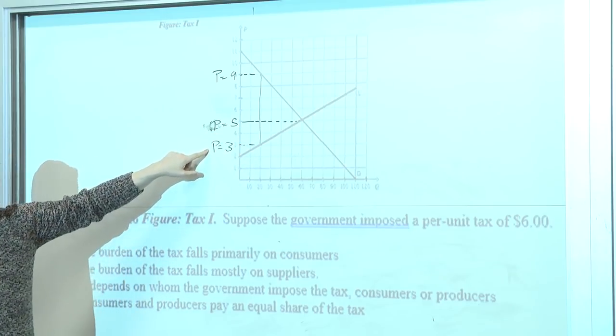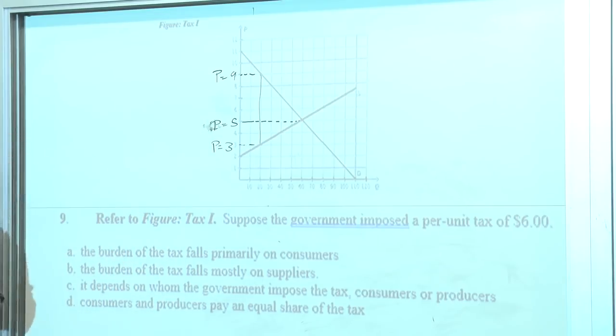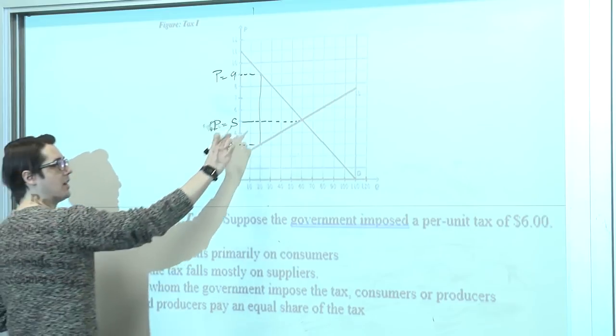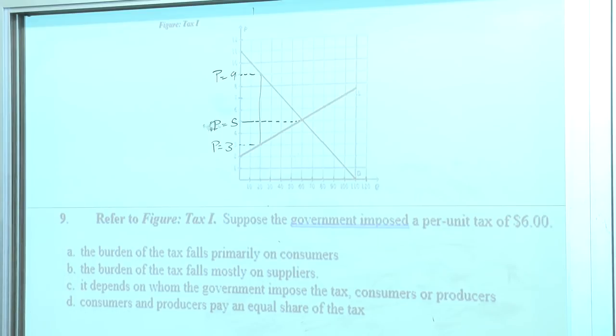Okay, this is the price that sellers are going to receive here. This is the price that buyers are going to pay. Okay, so buyers pay 9, the government takes 6 of it, firms receive 3. Okay, so $2 of that is paid by producers, $4 of that is paid by consumers. So what is the answer going to be then? Yeah, the burden of tax falls primarily on consumers. Very good.